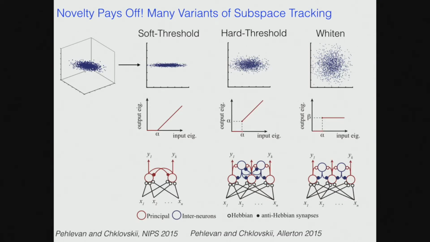That's soft thresholding. Or keep the variance the same in all subspace directions. Or actually equalize them, as in whitening. And it turns out you can do all these things with simple variations of the neural networks that we came up with. Maybe a little bit complicated in structure, but still can be simulated in a distributed manner and online.